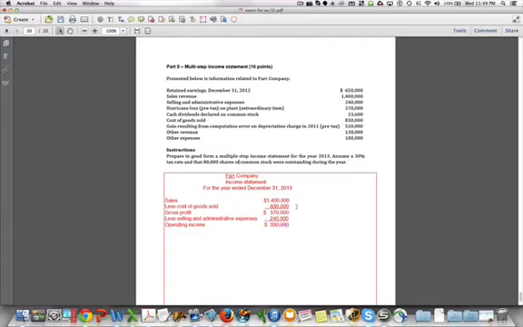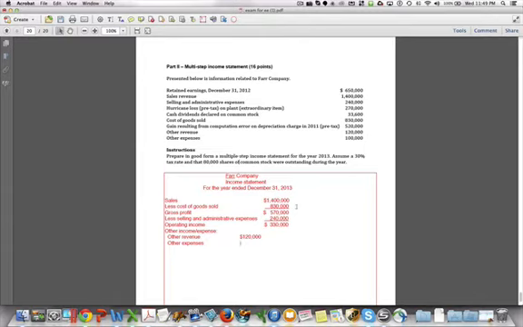And we'll put in here other income and expense, other revenue. Here we're going to come over to the left and put in 120,000. And then I'll say other expenses. These are not related to operations.